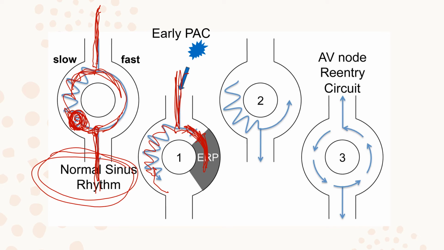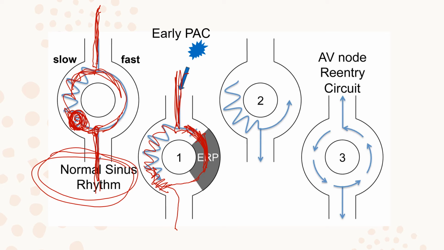In this next picture, because the electrical impulse is coming down this abnormal pathway, it's going to go on down to the ventricles, but it's also going to circle back around and come back up retrograde.